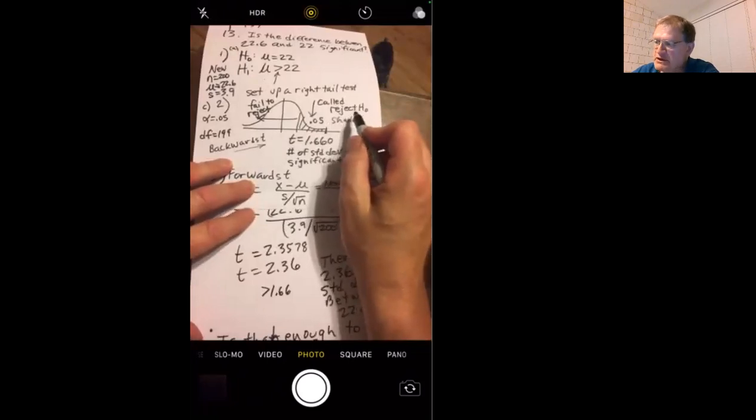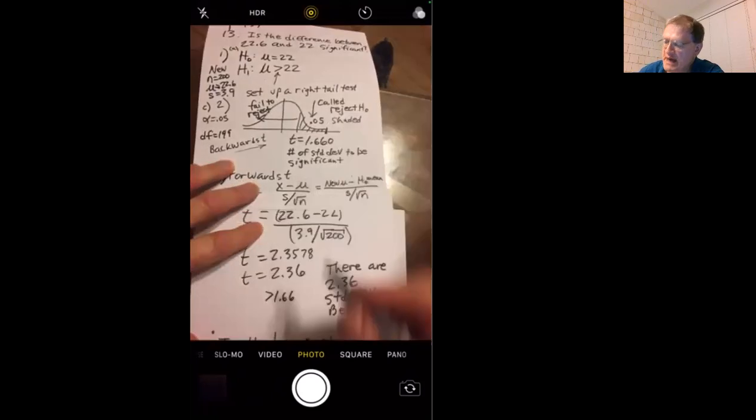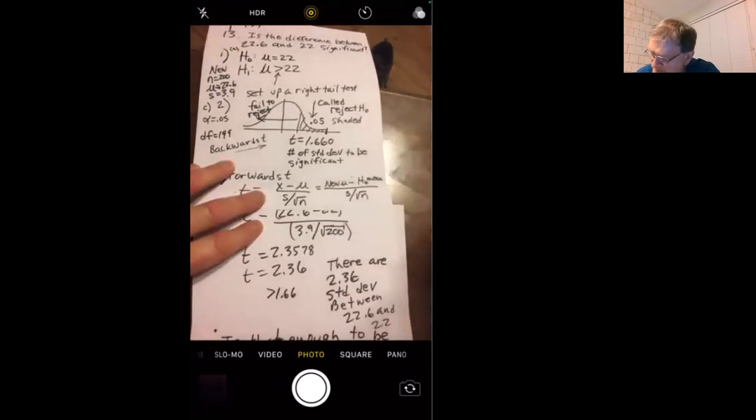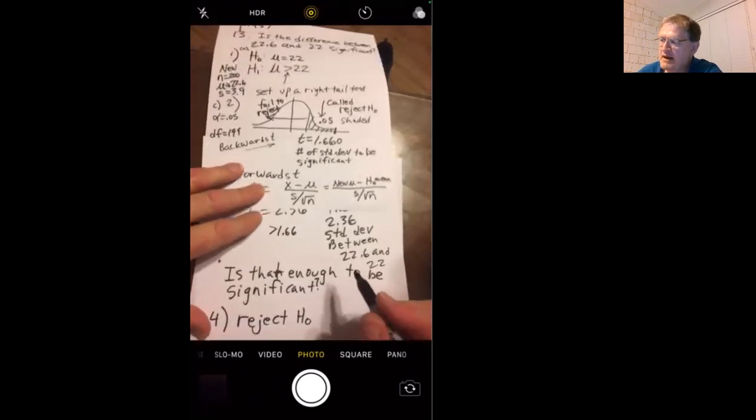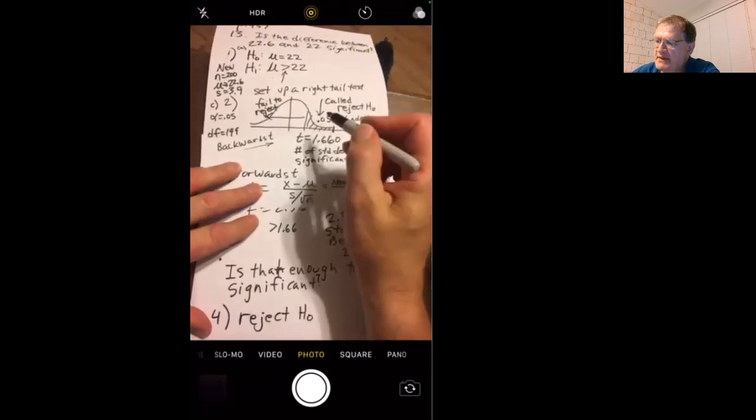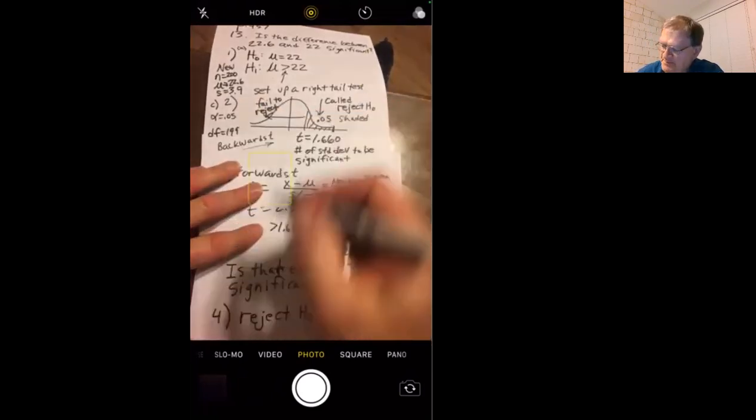So that tells you the conclusion: we're going to reject the null hypothesis. And this difference is significant.